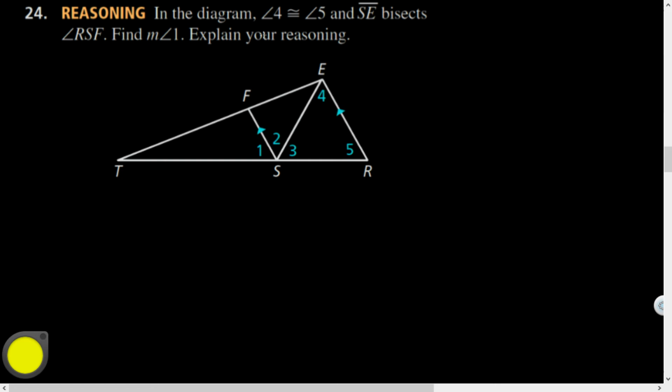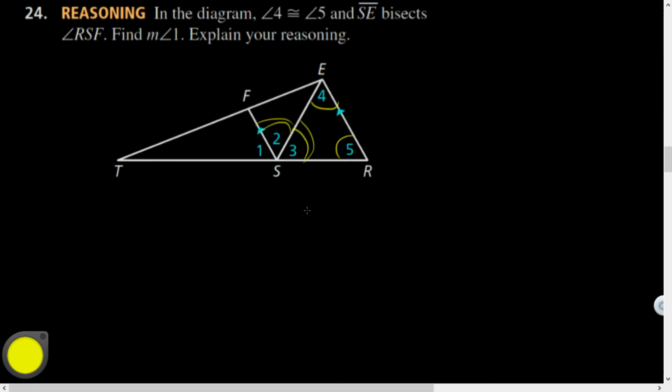All right, here's 24. I'm going to verbally explain this one, so just track with me here. In the diagram, angle 4 is congruent to angle 5. We're going to be able to prove so much stuff about that someday, but not this day. And SE bisects RSF. So by definition of angle bisector, those two are congruent.